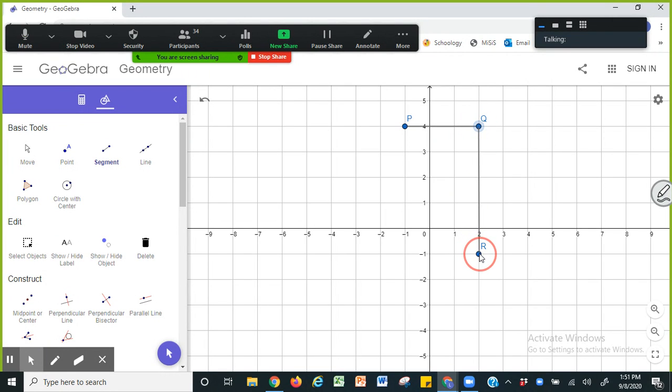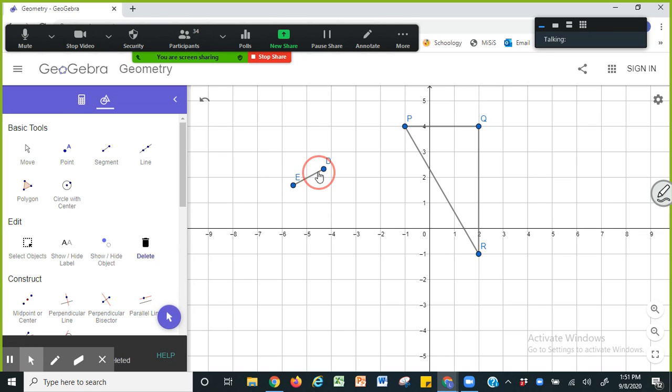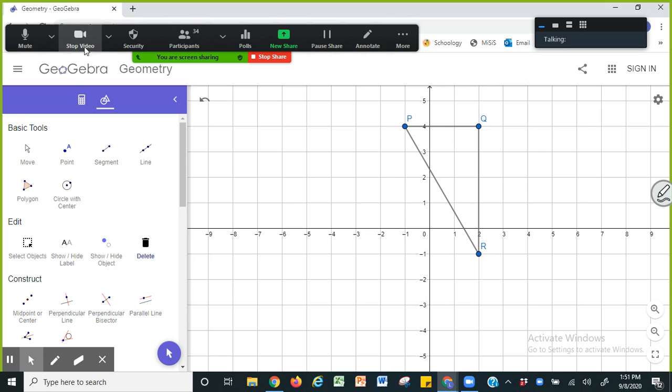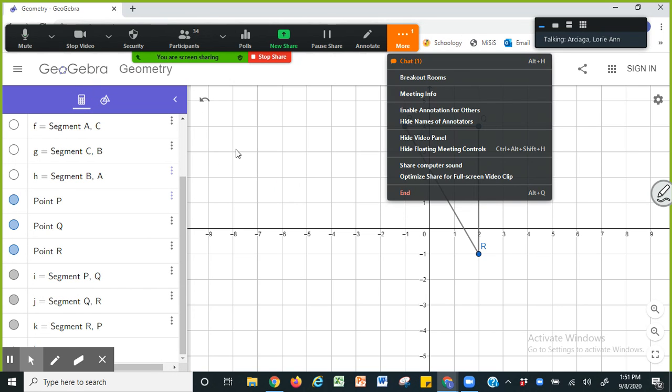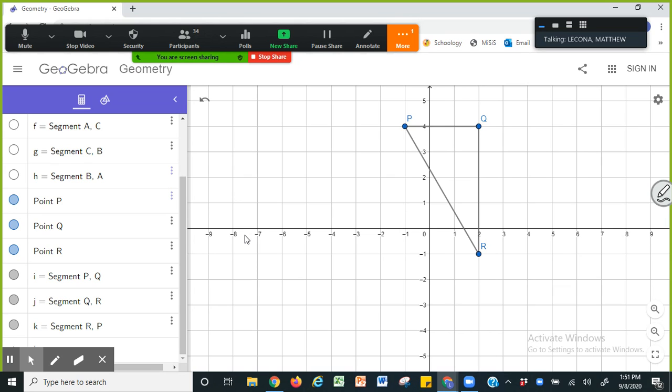Q, R. Okay. Miss Arciaga. Yes, my dear. You said if it's not a perfect square, just to leave it in radical. What's your radical though? It's 45.